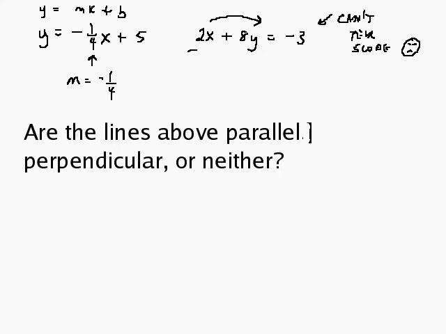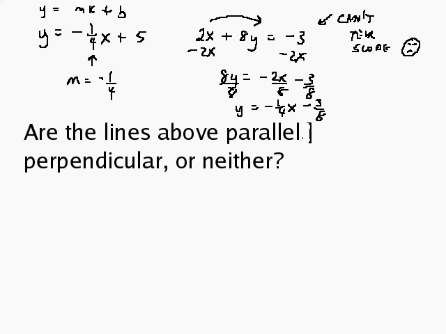We're going to take the 2x and subtract it from both sides. So we're going to get the second line in that slope-intercept form, and we'll say 8y equals negative 2x minus 3. Divide both sides by 8, and y will equal negative 1/4 x minus 3/8.